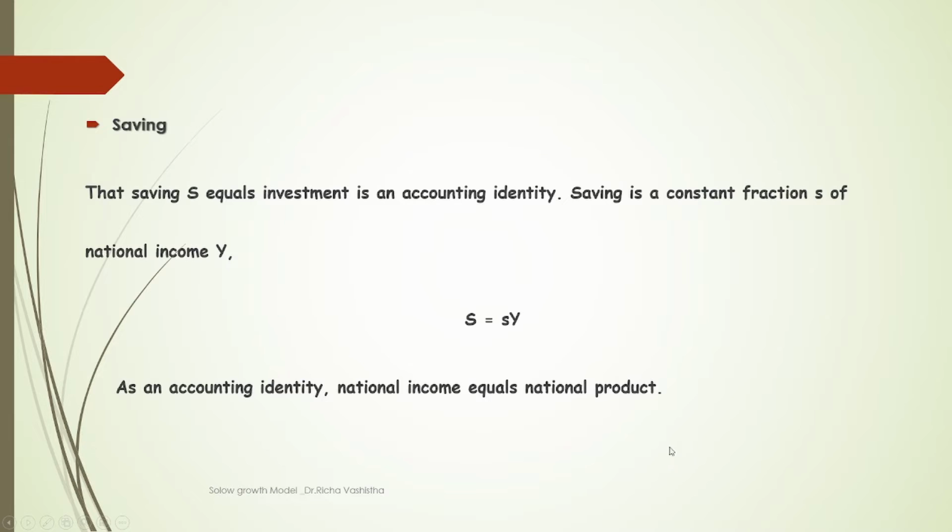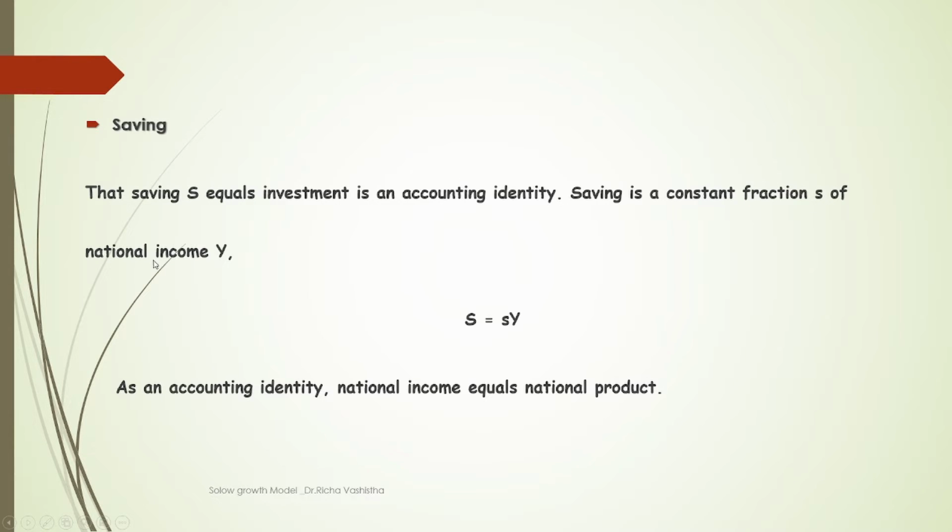Next, coming to another part, which is saving. Here saving equals investment, which has already been assumed and taken from the Harrodian part. Saving, expressed as capital S, equals the investment, capital I, as an accounting identity, and this saving is a constant fraction of national income.